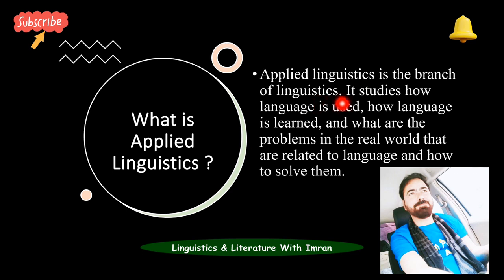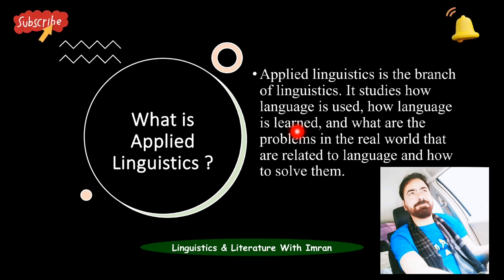What does it do? It studies how language is used, so the use of language, right? And how language is learned, the learning of language, how language is taught, the teaching of language, and then what the problems related to language teaching, language learning, or when language is used in the real world by people are.